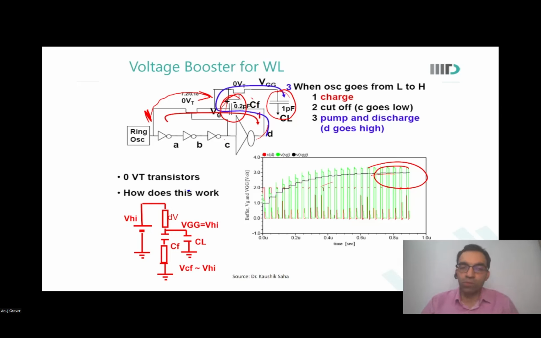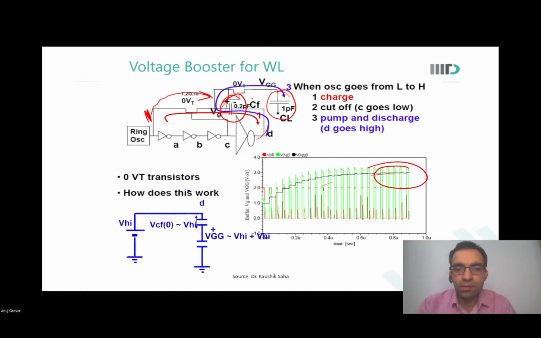And overall, the timing improves. Is this okay? Yes, sir. Great. So again, we will come to approximately 2 V high after some time.